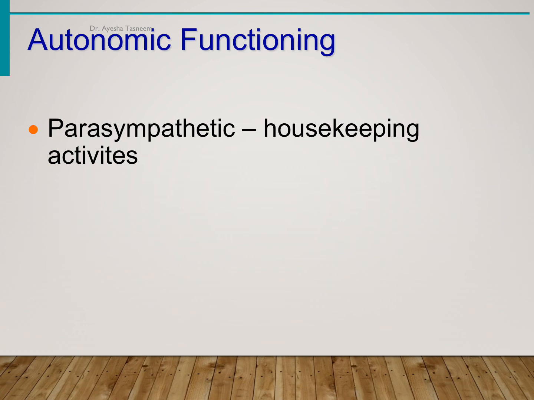In this case, blood pressure, heart rate, and respiratory rates are low. GIT activity is high. Pupils are constricted, and lenses are accommodated for close vision.